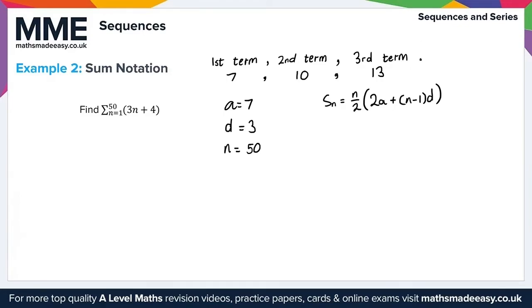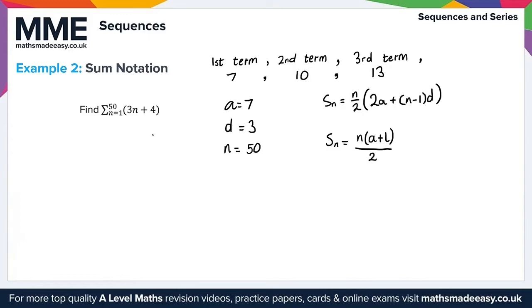Again, we simply obtain that by substituting n equals 50 into this expression. And if we have the last term, we can simply use S_n is equal to n times a plus l, all divided by 2. Either of these formulas, if used appropriately, will give you the correct solution.